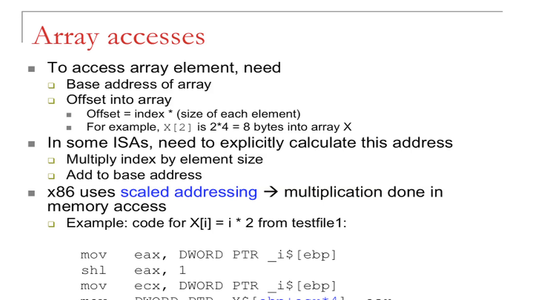Sorry, it's variable I because that underscore I $ is the offset. We define underscore I $. Okay. And we use that as the offset to EBP. So this essentially take this defined value, add that to EBP, and that gives you the offset to the actual variable I.